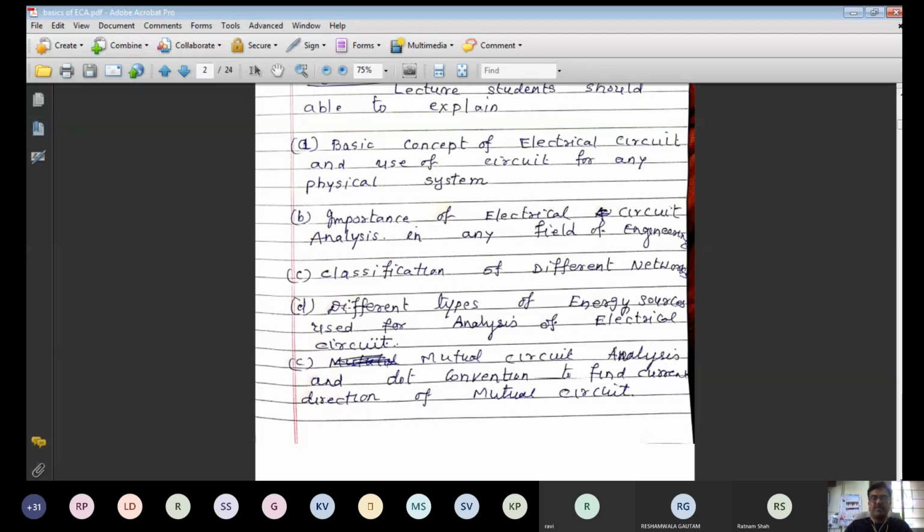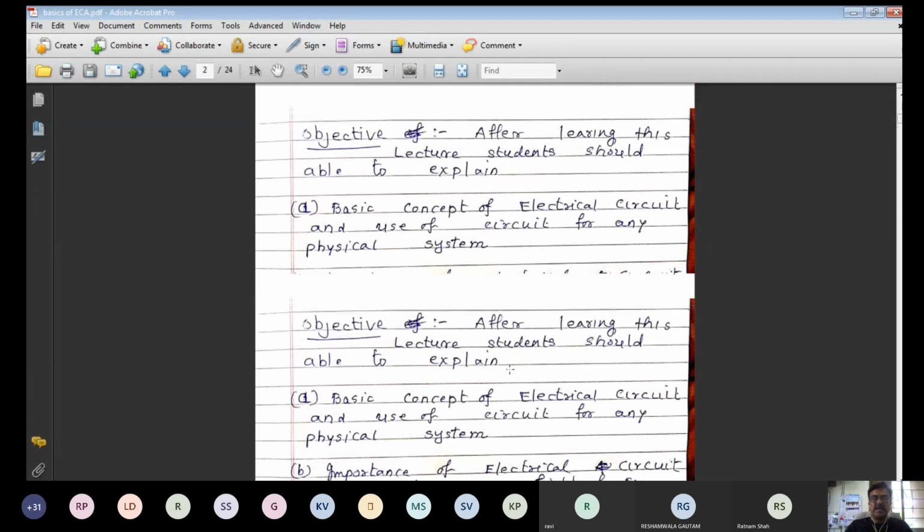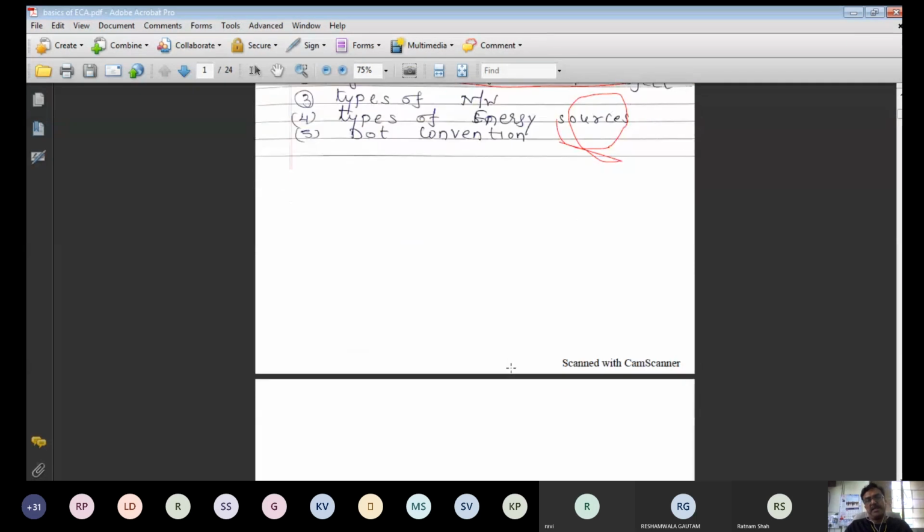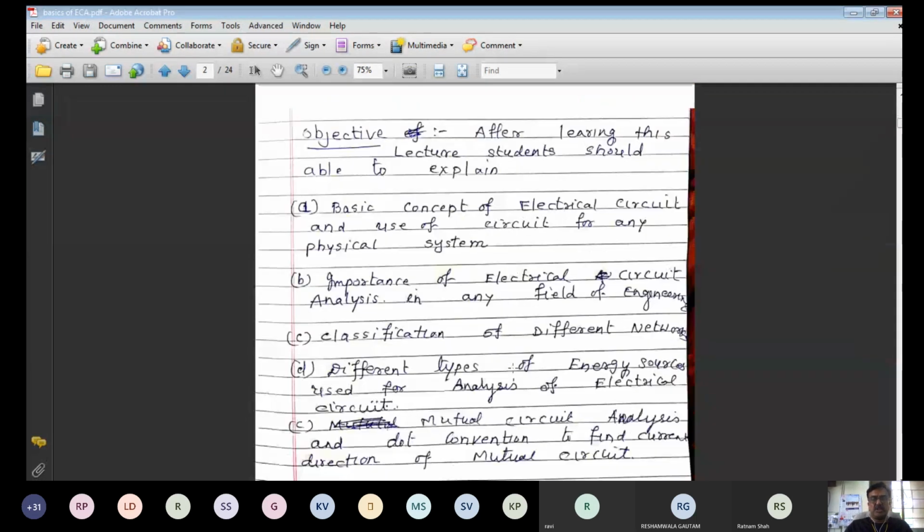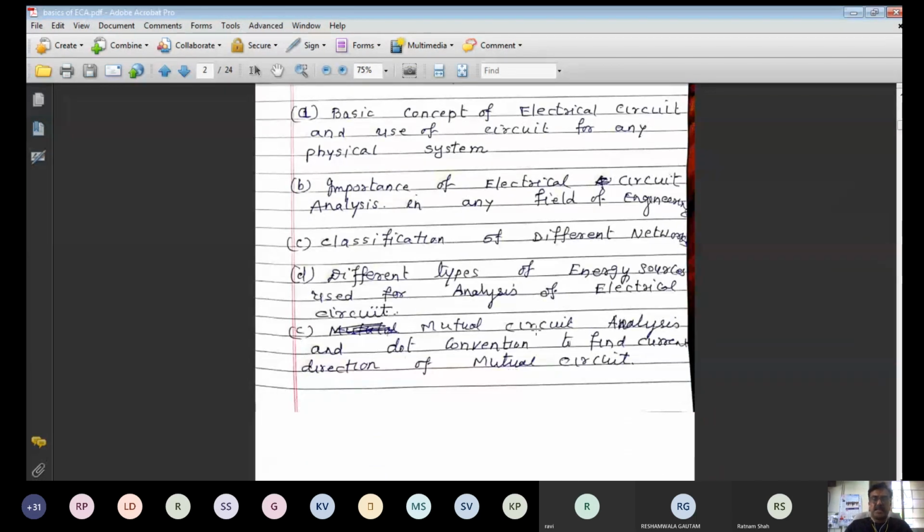The fourth one, the different types of energy sources used for analysis of the electrical network, meaning the different energy sources available. Then mutual circuit analysis, that is the dot convention, the last point I already gave, the dot conventions, to find the direction in mutual circuits.